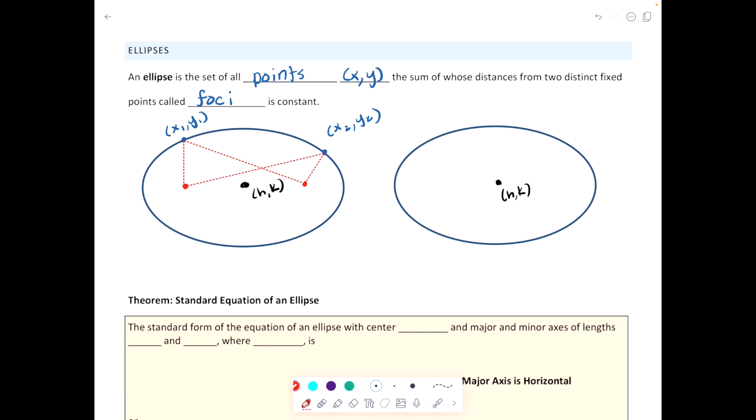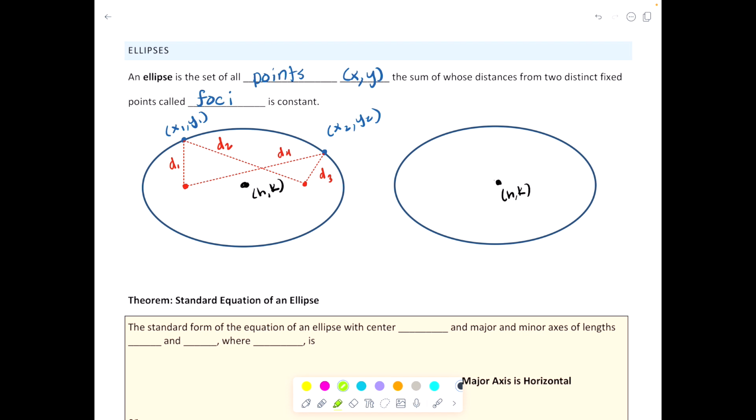So you end up with these different distances. We'll call them distance 1, distance 2, distance 3 and distance 4.